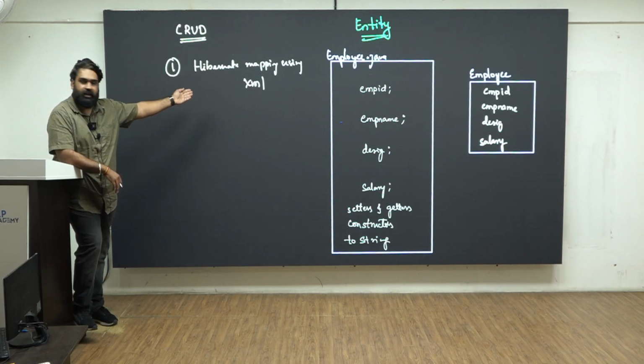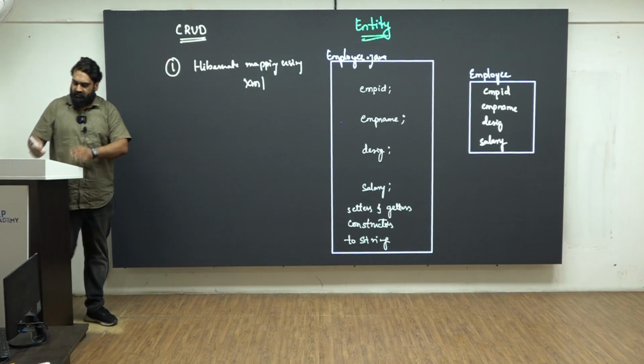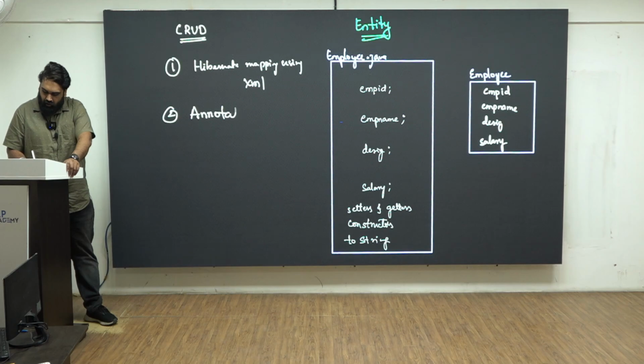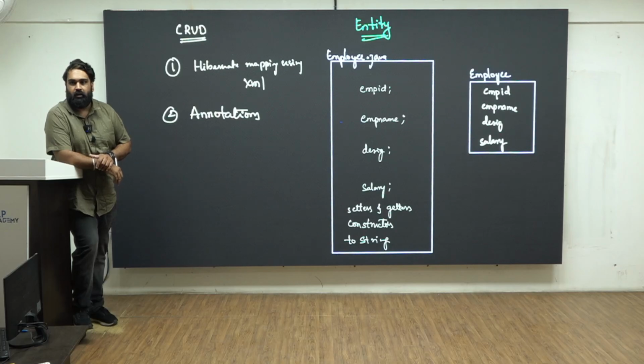I will create one XML file here, I will map it. And the second way of doing it is by using annotations.